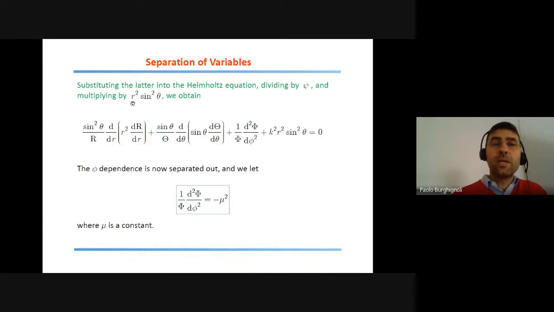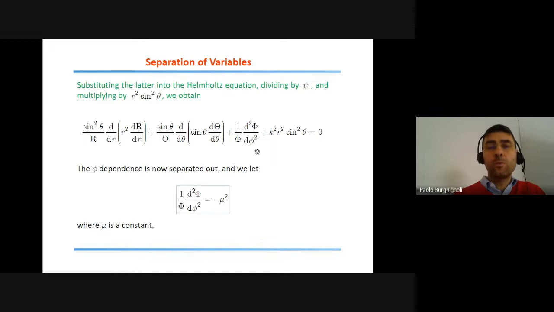If we further divide by the wave function itself, psi, and we multiply by the term r squared times the squared sine of theta, we obtain this form for the Helmholtz equation, in which we have achieved the goal of isolating a term, the third addend, the one that contains the double derivative with respect to phi, which depends only on the spherical coordinate phi.